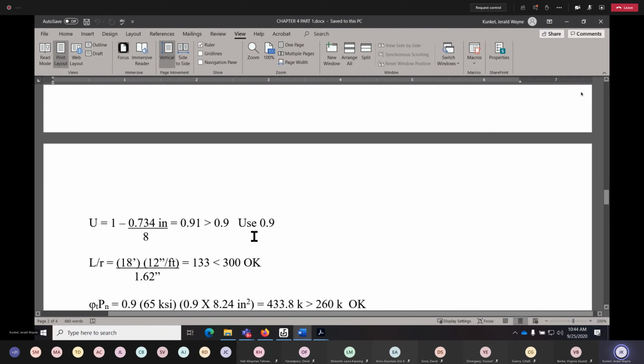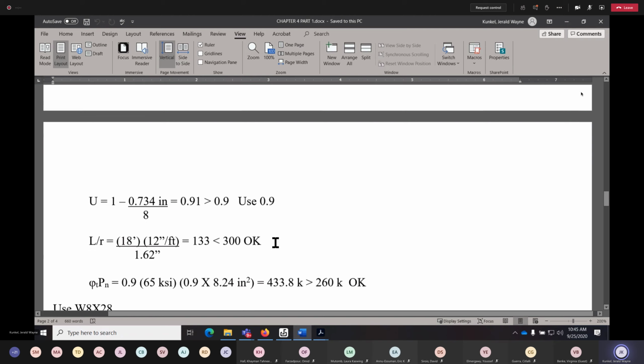We can't use a value more than 0.9, so we use 0.9 as the U factor. We guessed 0.85, so we're in good shape. If we'd guessed 0.85 and the actual U was 0.6, then we'd have a problem. We'd need to recalculate. So we're safe so far.